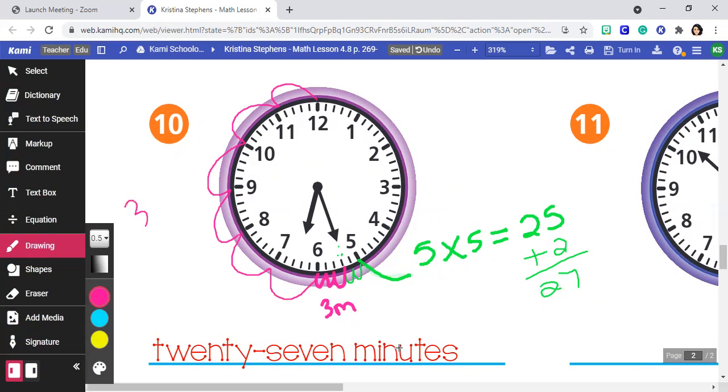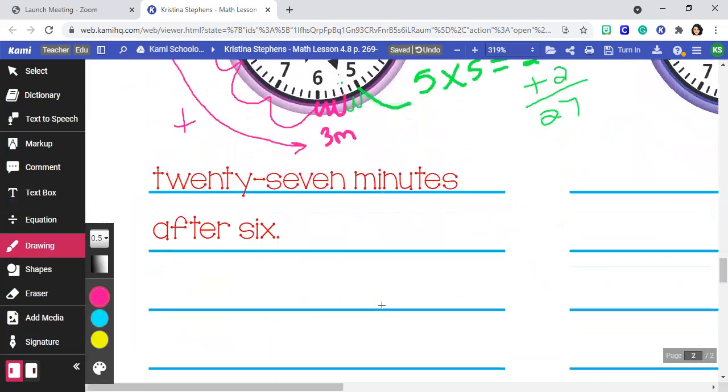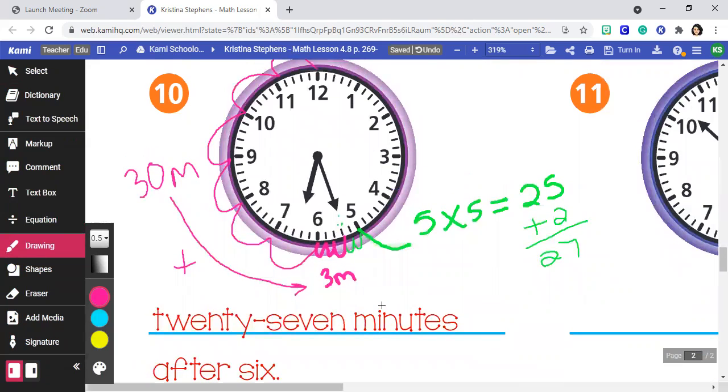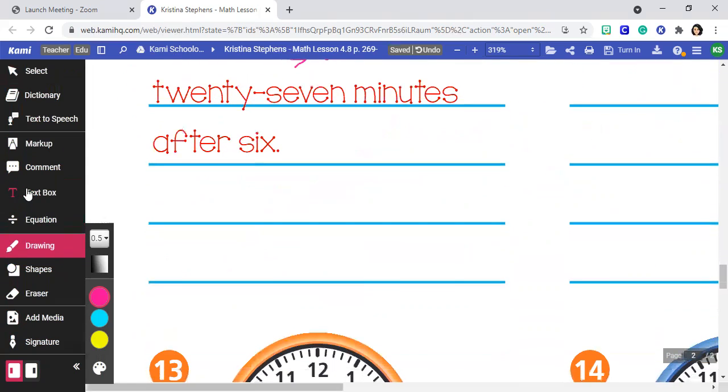So I know that if I skip counted by 5s, it was 30 minutes, but I have to add those 3 minutes. You have to combine those together because it kept going 1, 2, 3. Now I worked backwards here. So how many minutes do we have until the next hour? Until 7 o'clock? We have 33 minutes.